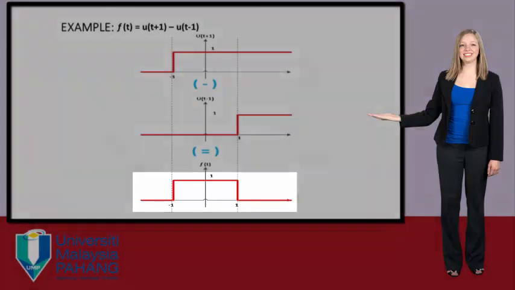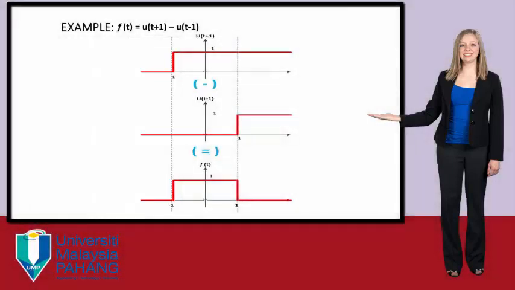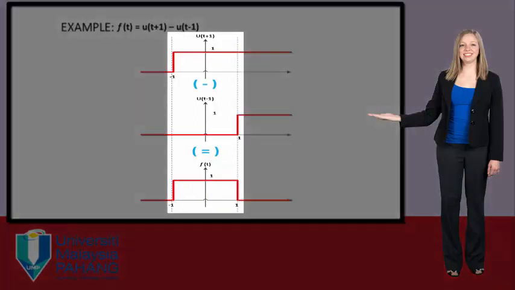Look at time t less than negative 1. The amplitude of first and second signal are 0. Because of that, the signal f(t) is 0 for t less than negative 1. Now, look at time range between negative 1 and 1. The amplitude of first signal is 1 and the second signal is 0.